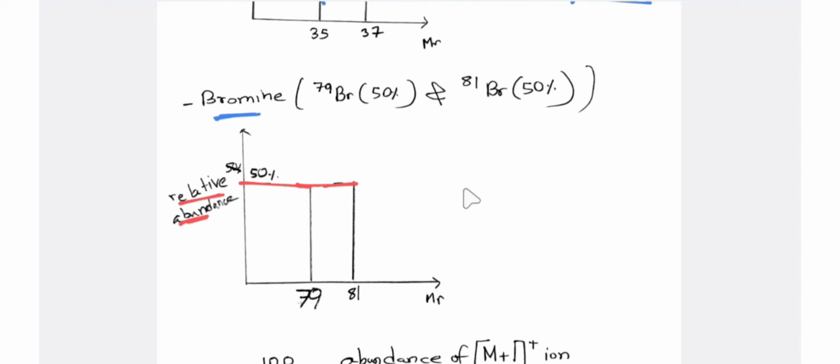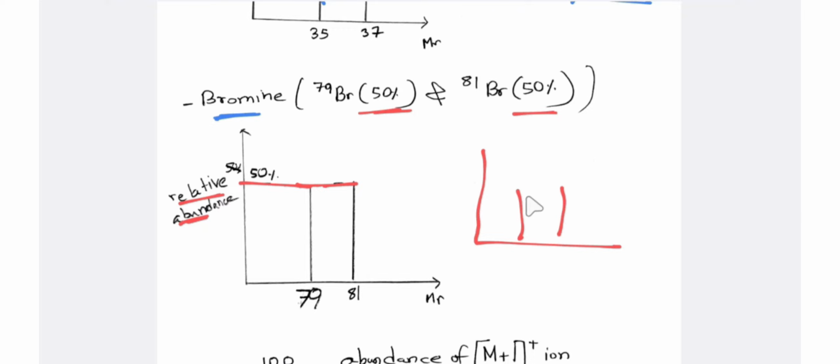Let's suppose we are given a relative abundance against m/z graph and these two lines are equal. Since these lines are equal, it is bromine, since both are 50%. And if the lines are like this, this is also bromine since they are all 50%.